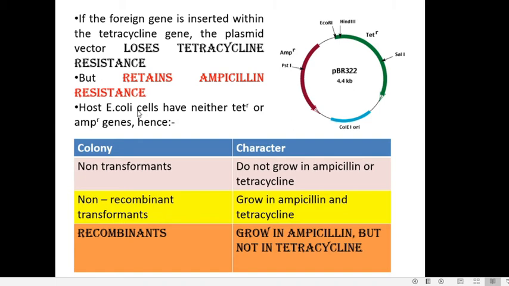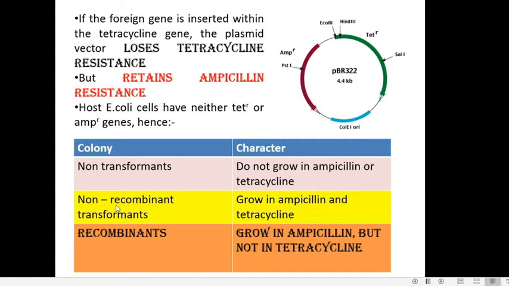Now we will just go to the three types of cells which we are expecting in a medium: the non-transformants, the non-recombinant transformants, and the recombinants which we want to proceed with. The non-transformants are normal E. coli cells which didn't take up any vector. So they don't have ampicillin resistance gene or tetracycline resistance gene. So they cannot grow in ampicillin or tetracycline.